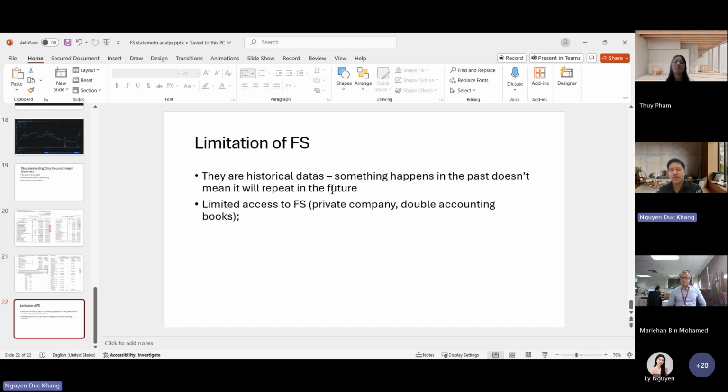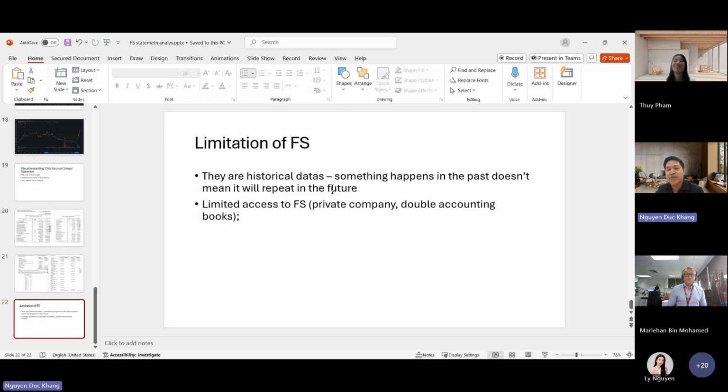That means the financial statement can only describe how the business is doing and what the company was at a moment in the past. But it doesn't mean the financial statement can give you a guideline on what the company will do in the future.